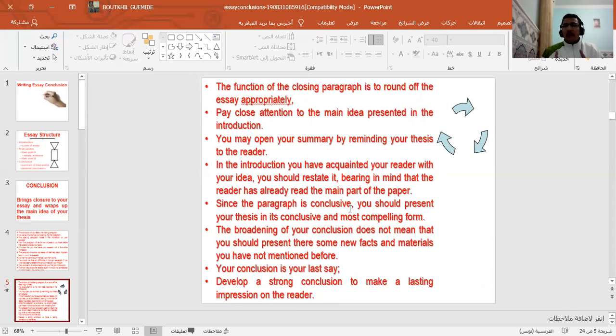You have to pay attention when you restate your thesis statement and you summarize the main points discussed in both the body paragraphs and the introduction. There should be correspondence. There should be this kind of strong liaison between the three parts of your essay: introduction, body paragraphs, and conclusion.